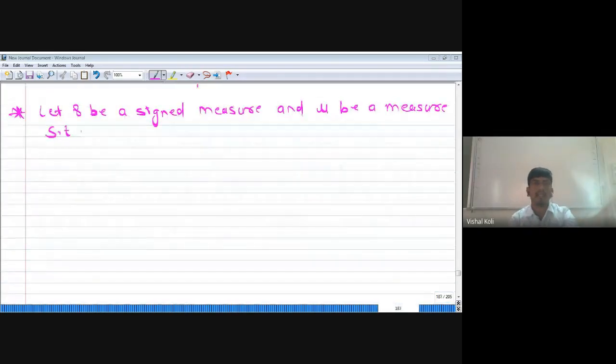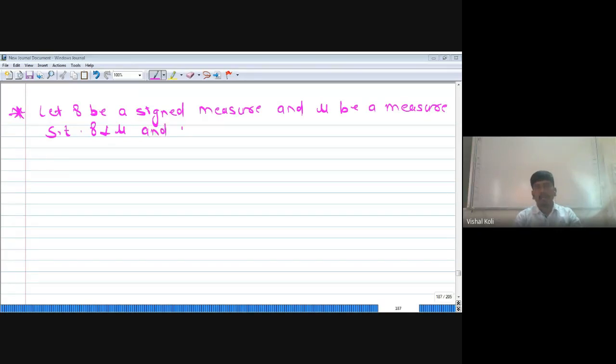Okay. Let gamma be a signed measure and mu be a measure such that gamma is mutually singular with mu and gamma is absolutely continuous with respect to mu, then prove that the signed measure gamma must be equal to 0 only.